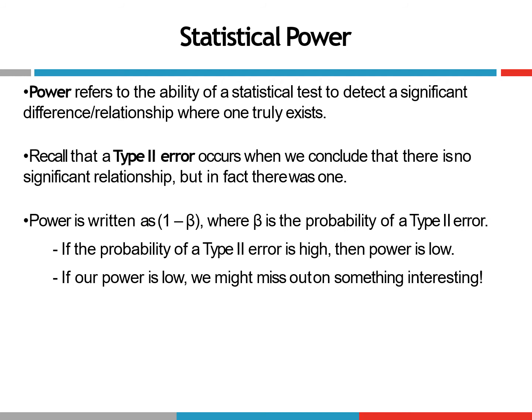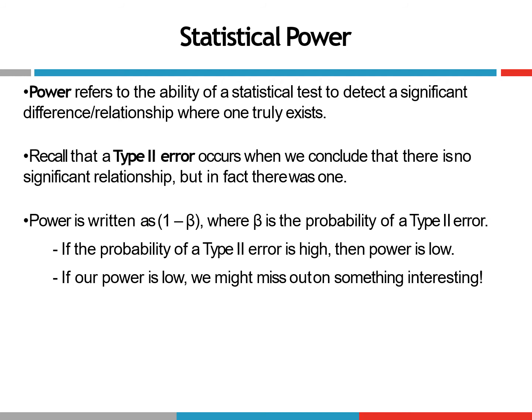A type 2 error is one that happens when we conclude that there is no significant relationship between our variables, when in actuality there is a significant relationship. So power is very much related to a type 2 error.